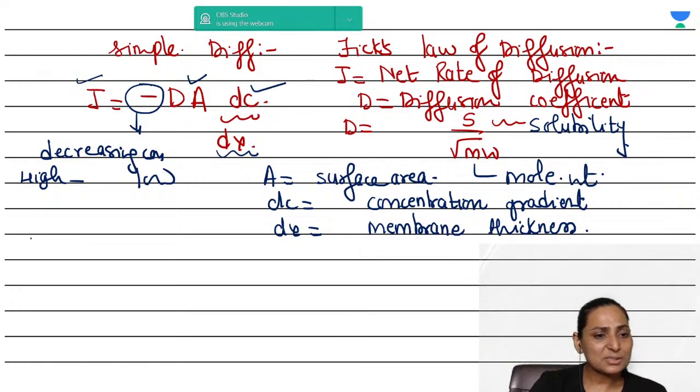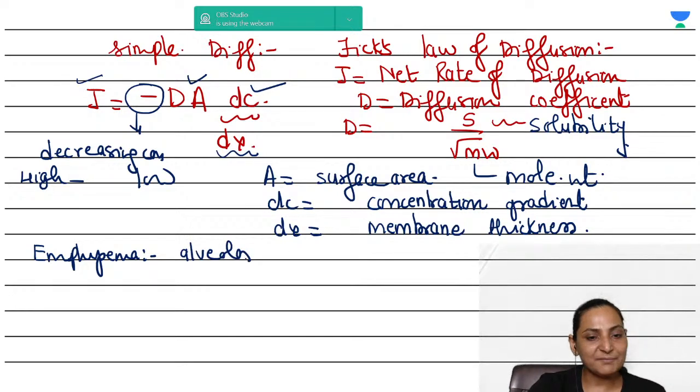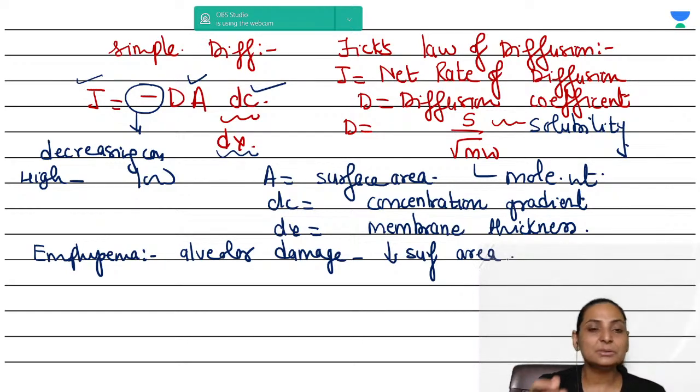Now suppose you take conditions like emphysema. You know what emphysema is? It is an obstructive airway disease. What happens over here? There is lots of alveolar damage, which is going to decrease the surface area. Therefore, with the decrease in the surface area, the rate of diffusion will decrease, right?